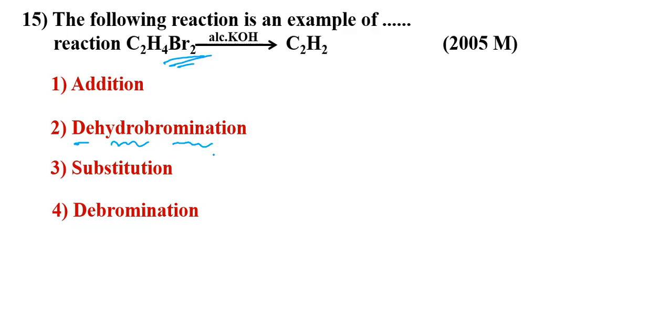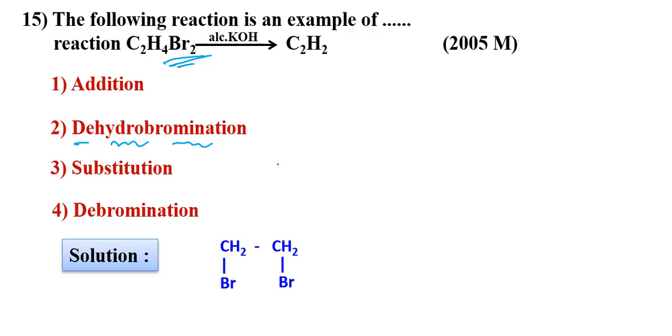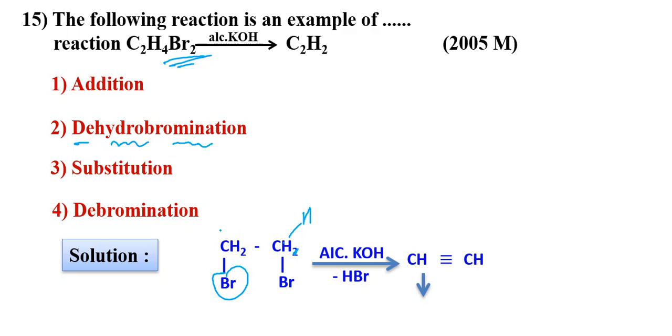Hydrogen and bromine releasing, so dehydrobromination. You can see the mechanism here. This is the reaction structure. Here this bromine left and one hydrogen also left. Here one hydrogen and this bromine. So dehydrohalogenation.